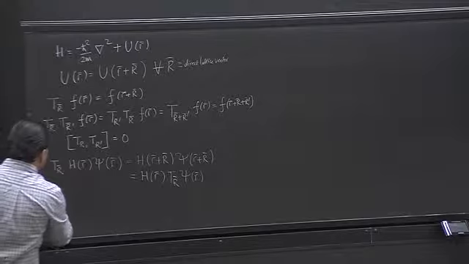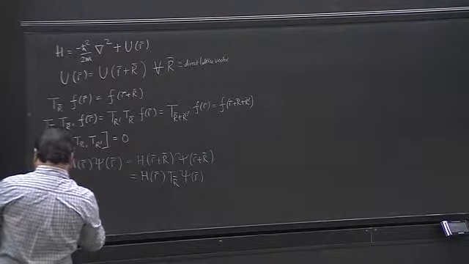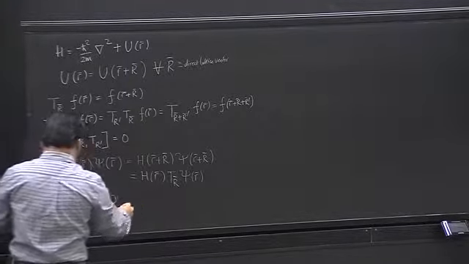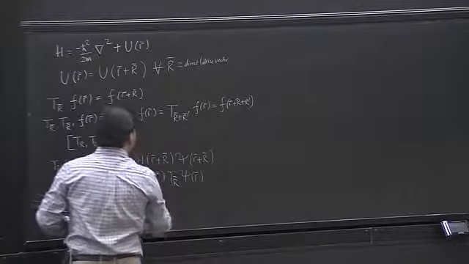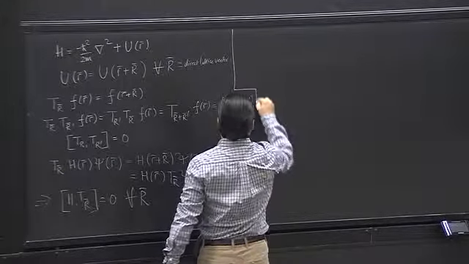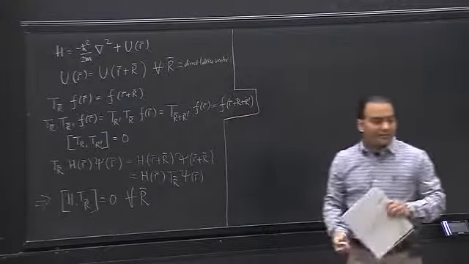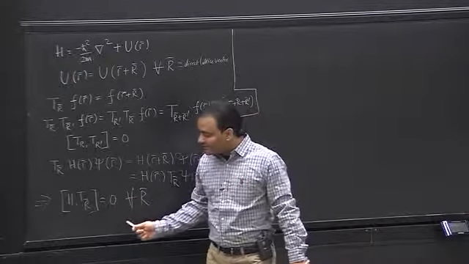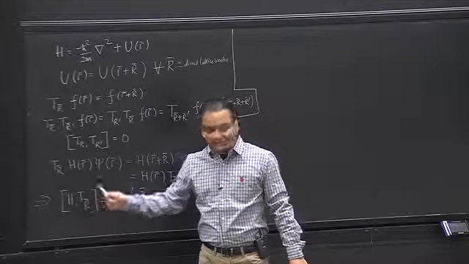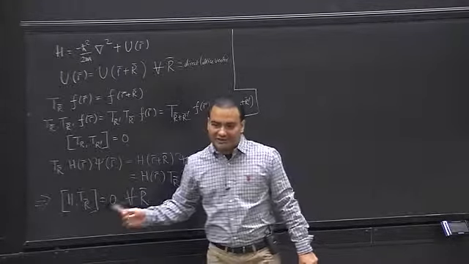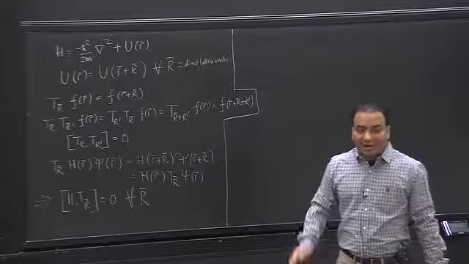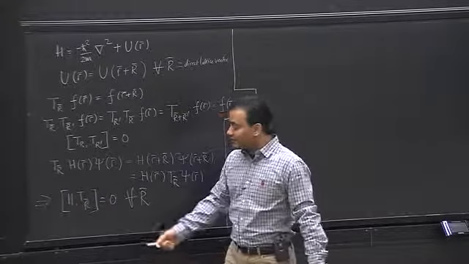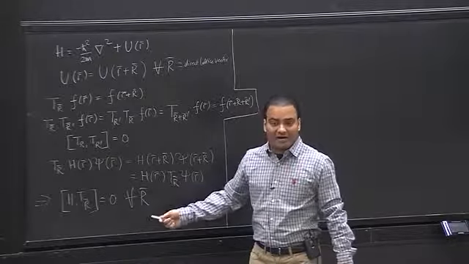This implies that the Hamiltonian commutes with the translation operator for all R. What this means is that I can choose eigenstates of the Hamiltonian that are simultaneous eigenstates of the translation operator, for all R.